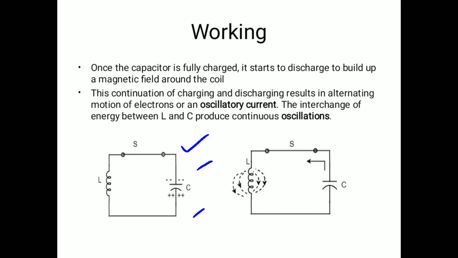Once the capacitor is fully charged, it starts discharging, and it again produces a magnetic field around the coil. So with the continuation of charging and discharging of the capacitor, and due to this magnetic field, there will be an alternating motion of electrons, the oscillatory current. The interchange of energy between L and C will continue and produce continuous oscillations.